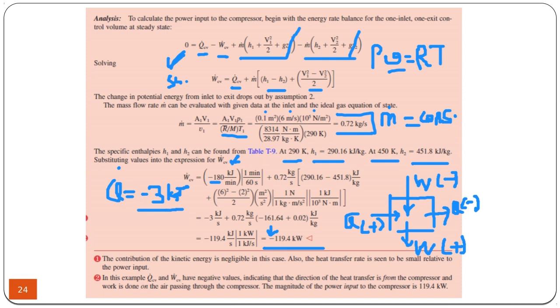So as you can see, the heat loss requires that we put more work into the compressor to get the same kind of mass flow rate or pressure increase.